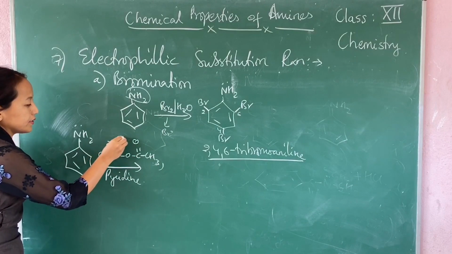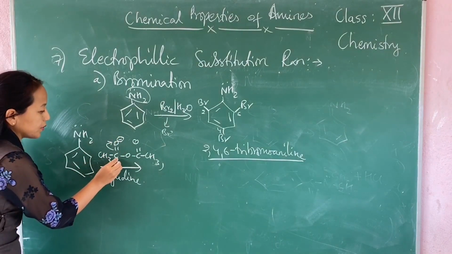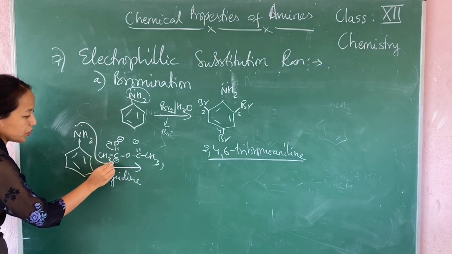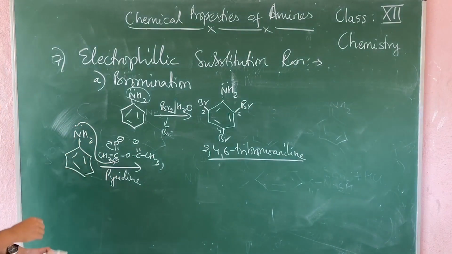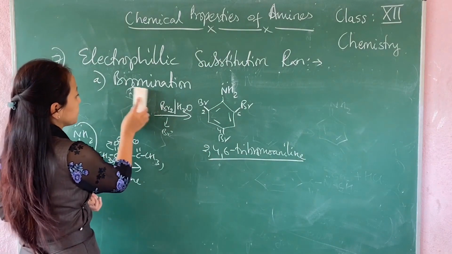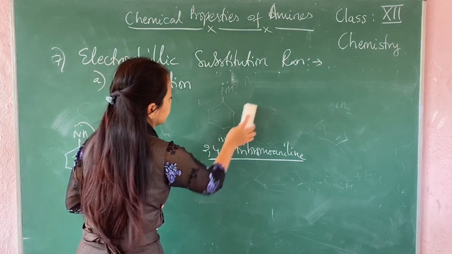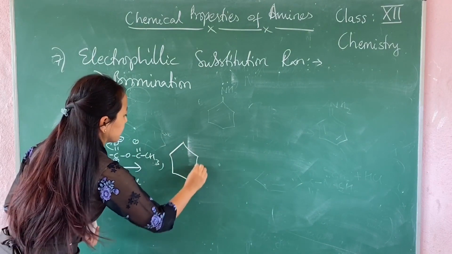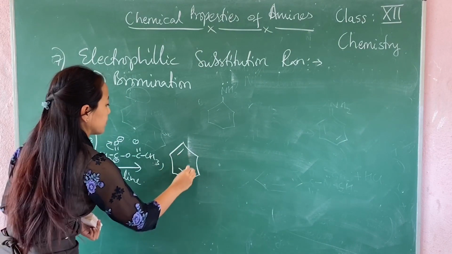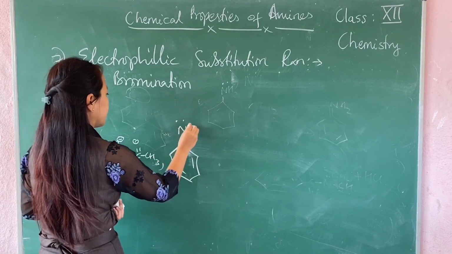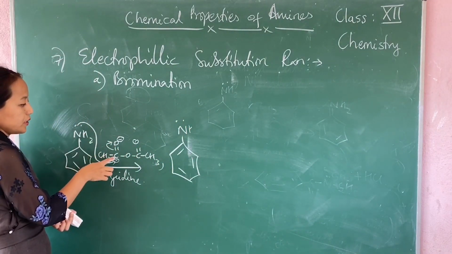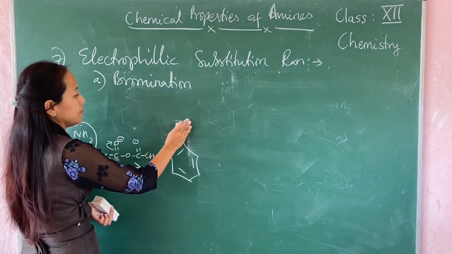O will have a negative charge and this carbon will have a positive charge. Now on that, this nitrogen with a lone pair of electrons will come and attack, and N is using its lone pair of electrons in forming a bond with this carbon atom.